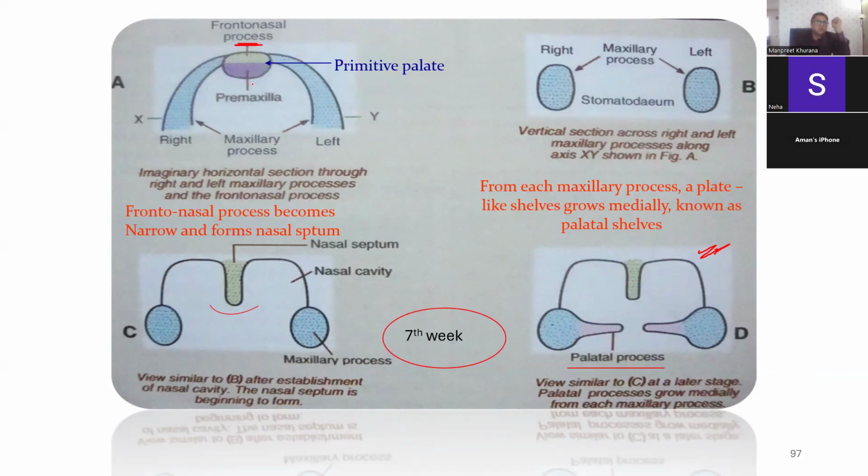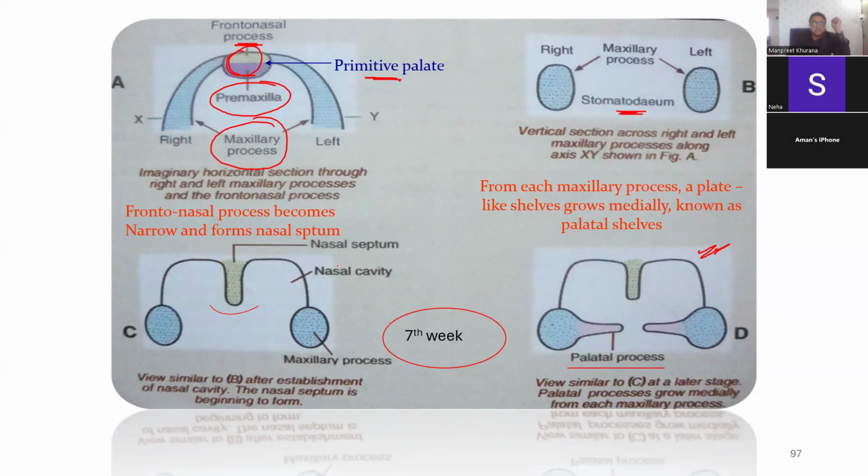From here there is formation of the premaxilla. These are the right and the left maxillary processes. Here, first there is formation of the primitive palate. This is the primitive mouth. These are the right and the left maxillary, the upper processes. Now they fuse together. This is the nasal septum which is formed. This is the nasal cavity.